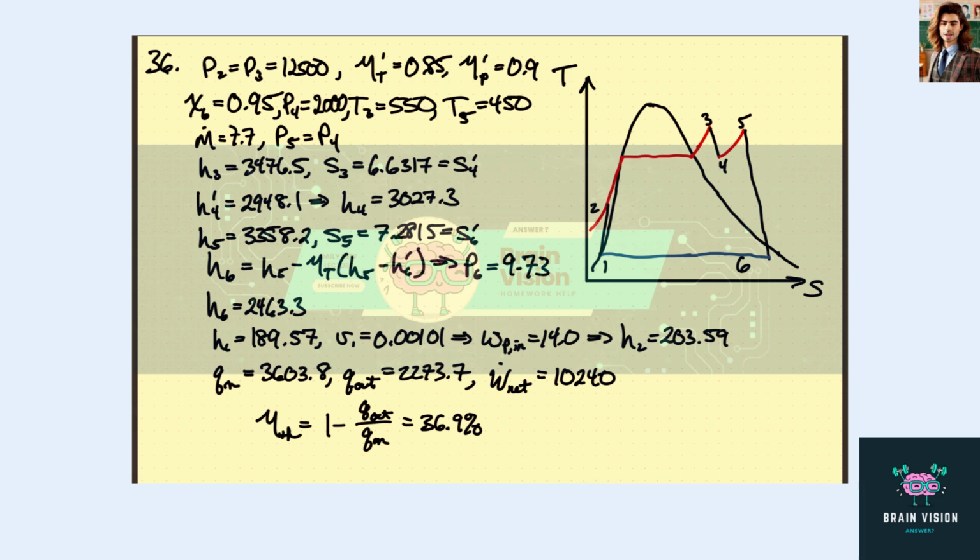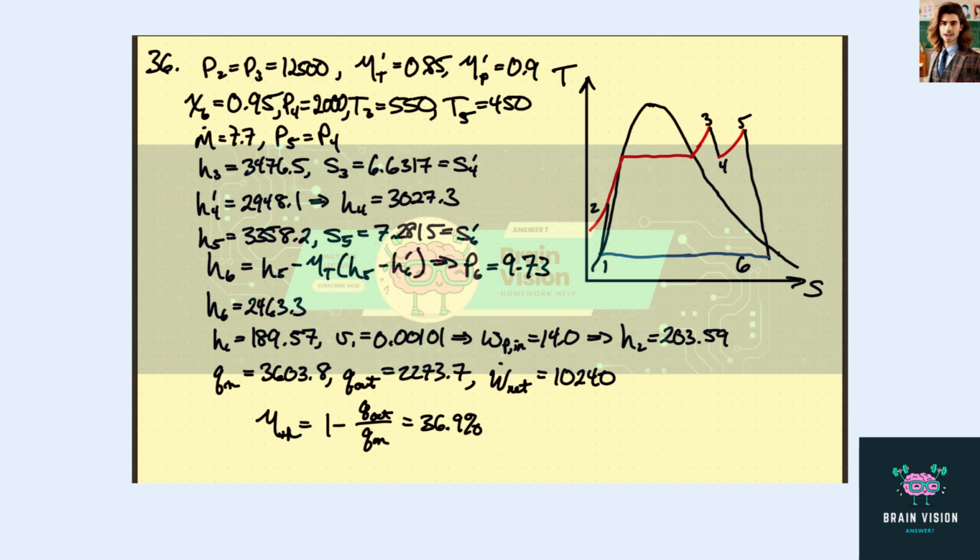What don't we know? Oh, wait a minute. That's why. We don't know the pressure down here. We're not given this low pressure, so we've got to figure that out.